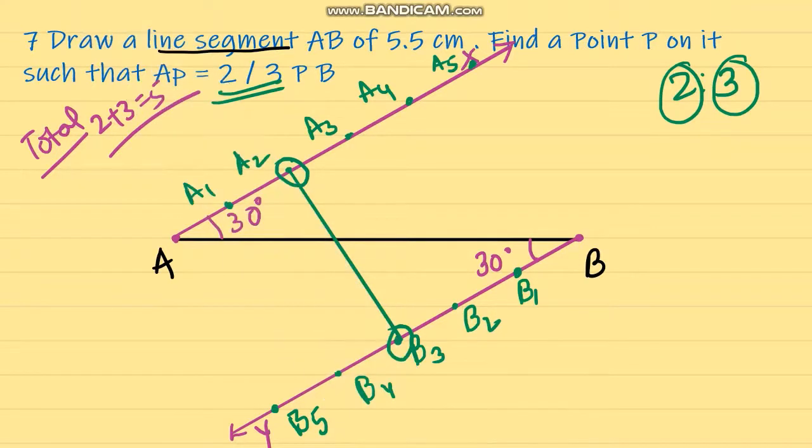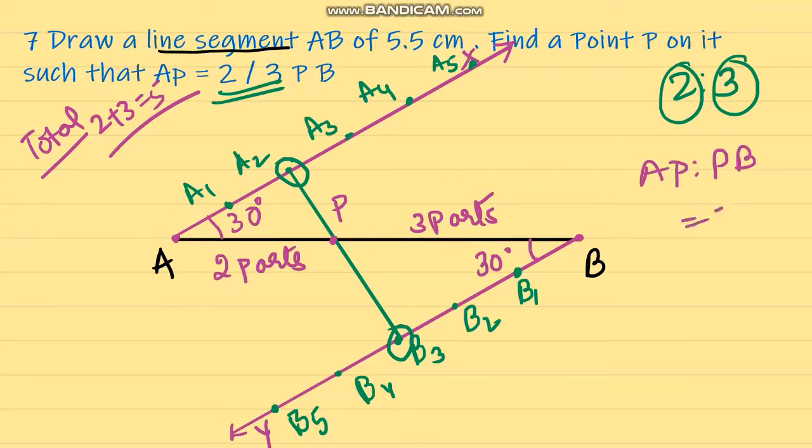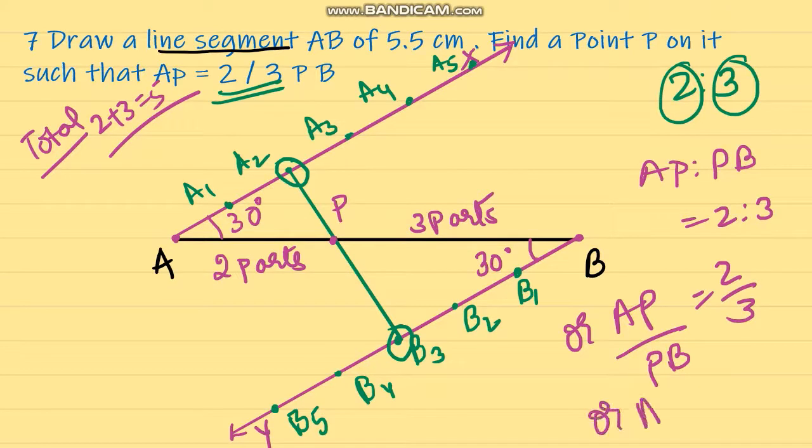Now see, you have got a point P between A and B which is dividing AB in the ratio 2:3. AP is 2 parts and PB is 3 parts. Now this is how you got AP is to PB equal to 2:3, or AP by PB equal to 2 by 3, or you can say AP is equal to 2 by 3 PB.